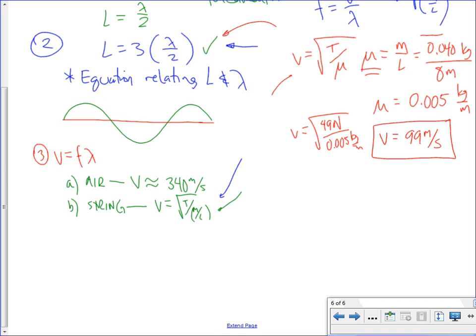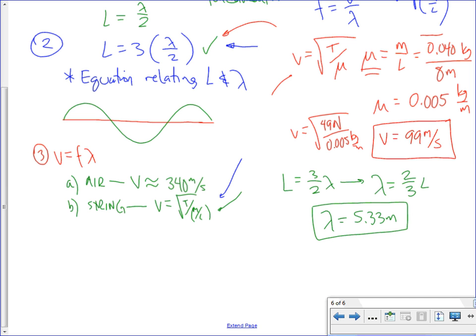For lambda, if L is 3/2 lambda, that means lambda is 2/3 of L. So 2/3 of 8 is 5.33 meters. And then finally, you put those back into f equals v over lambda, 99 over 5.33. And that gives us our 18.6 hertz.